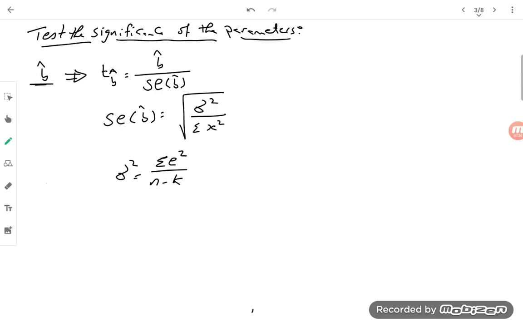So now we would like to substitute in sigma squared, then in standard error, and then in the T ratio.